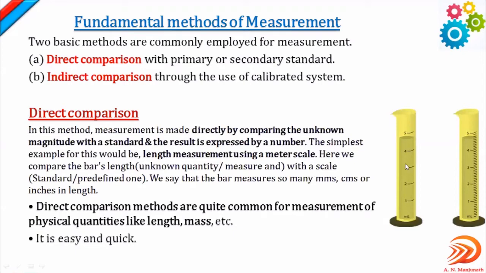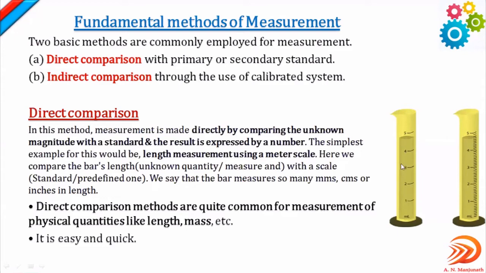This type of comparison is easy as well as very quick to get the quantitative number. Usually length, mass, or other physical parameters are measured using this method, direct comparison. You can observe in this example, this is a measuring tube which has markings on it.